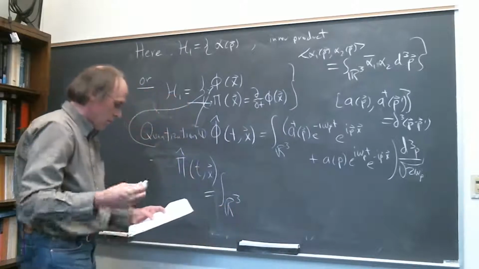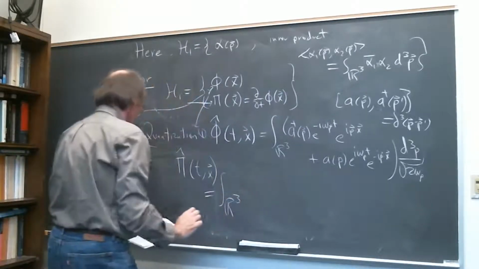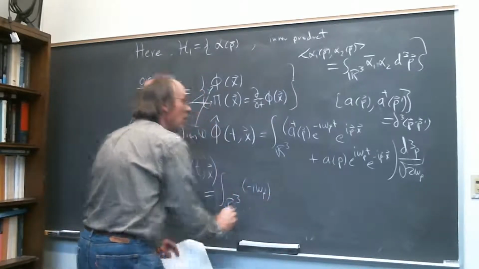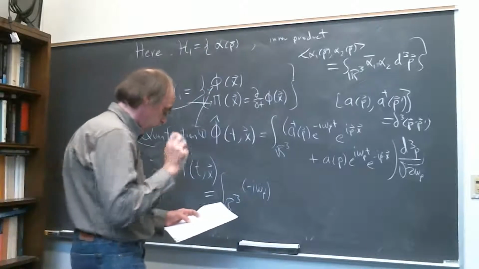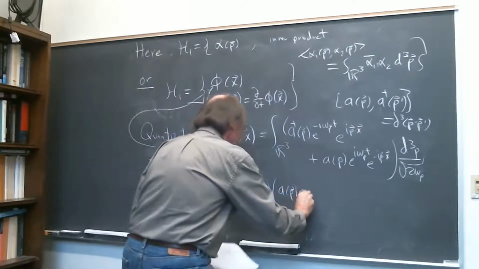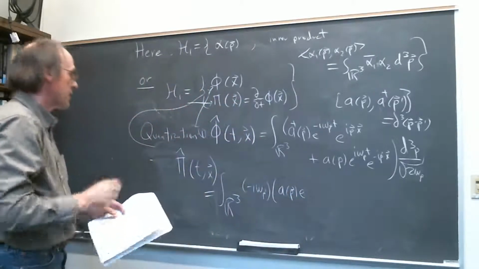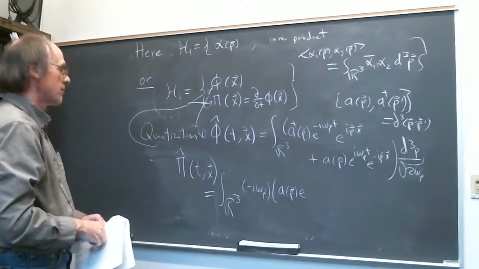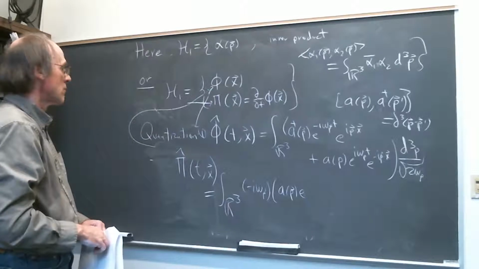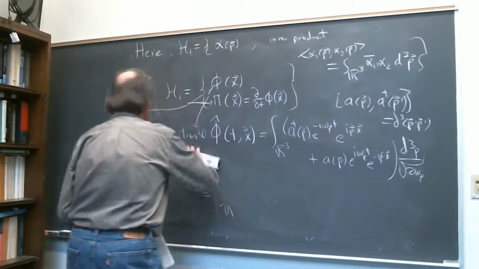It's minus i omega p vector, and then p vector. Actually, sorry, let me say this a bit differently.